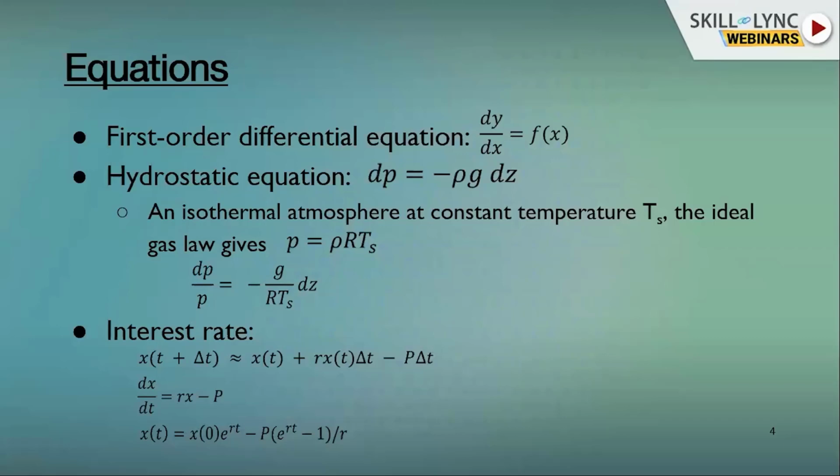Let's see where we can apply it. I am just giving a few examples so that you have a glimpse of how the simple equations we have read can be used in day-to-day life.